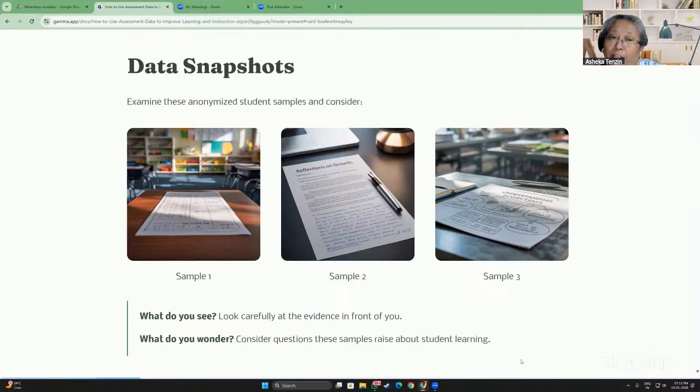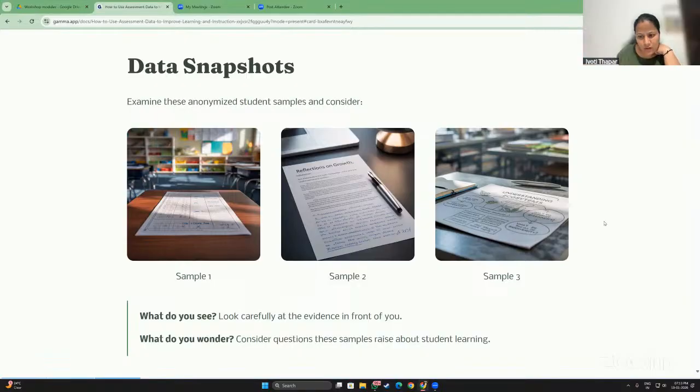So if we are talking about assessment data, what kind of assessments are these? What examples of assessments do you think these are? Formatives, by and large, I think.